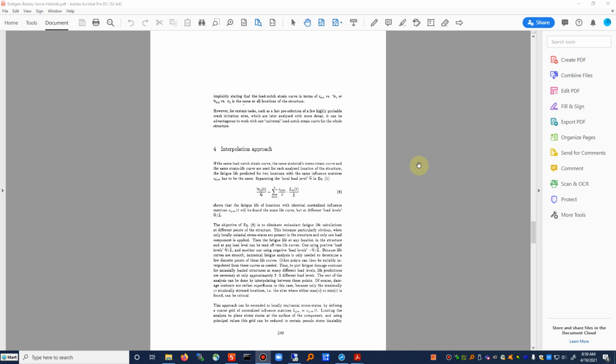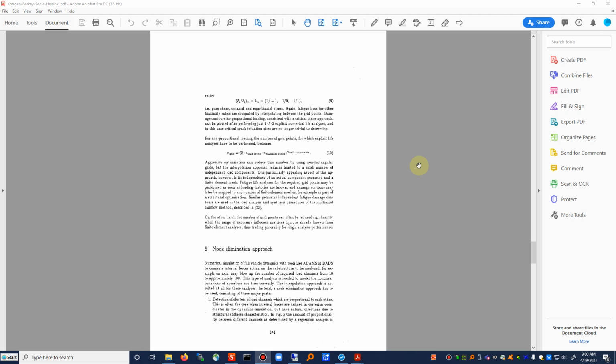Not all grid points, not all nodes in a finite element model, do you have to do that. It's only a few that really show up, where you might have to do this full multiaxial analysis.